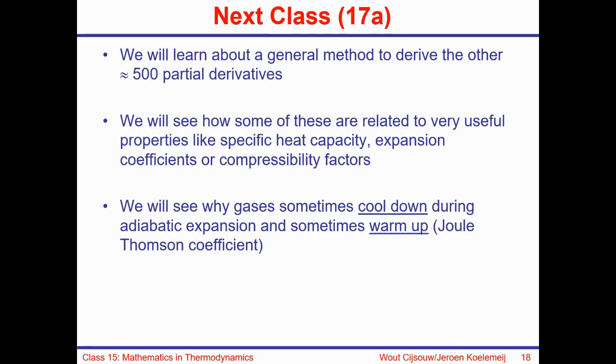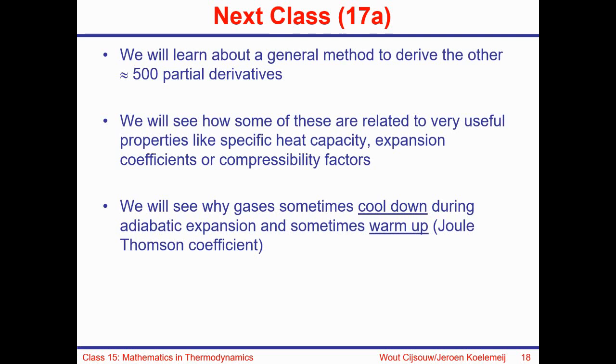We will also see that some of these partial derivatives are related to very useful properties in thermodynamics, things like specific heat capacity, expansion coefficients, or compressibility factors. And we will also see why gases sometimes cool down when they undergo adiabatic expansion, and sometimes warm up.